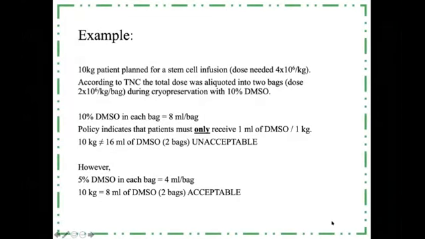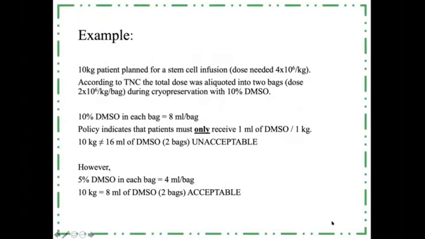10% DMSO in each bag means we have 8 ml of DMSO in the bag. And we have a policy that indicates that patients must only receive 1 ml of DMSO per 1 kg in a day. This means that for the 10 kg patient, the 16 mLs of DMSO in the 2 bags would exceed the limit, and it would be unacceptable to give the full dose on day 0.